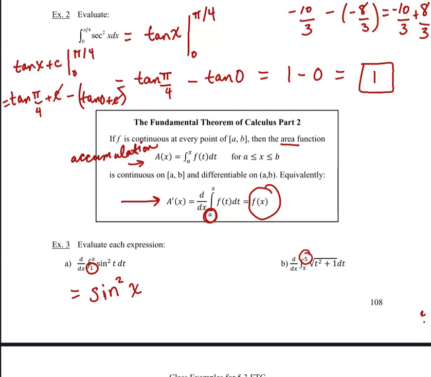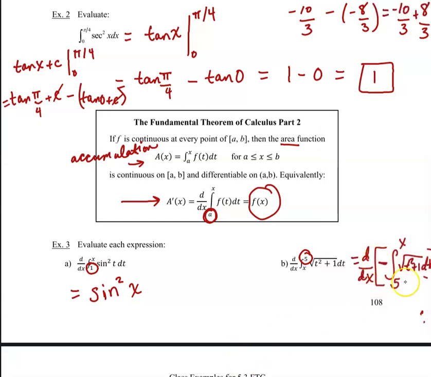Well, lucky for us, we have a property that we learned in 5.2 that says we can swap these limits of integration by making this negative. So this can be rewritten as d dx of the negative, let me put a bracket around this, the negative of the integral from 5 to x of that same function, t squared plus 1 dt.